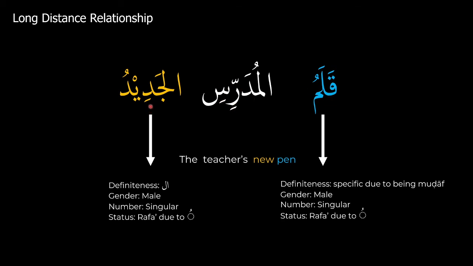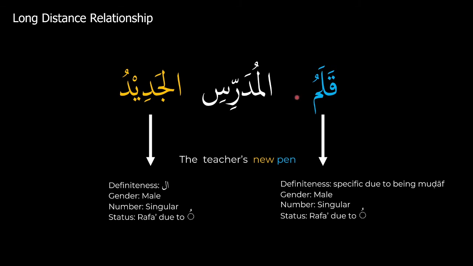And we know they're both masculine because there's no sign of femininity. We know they're both singular because there's no sign of duality or plurality. And we know they both have the status of rafa because they both end in dhamma, right? But we have mudarrisi right here in the middle. But this doesn't take away from the fact that this is still a descriptive fragment. So you would translate this as the teacher's new pen.